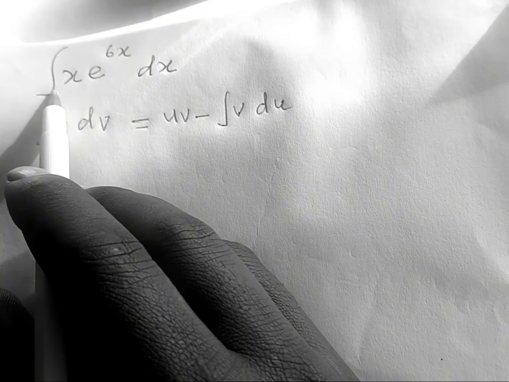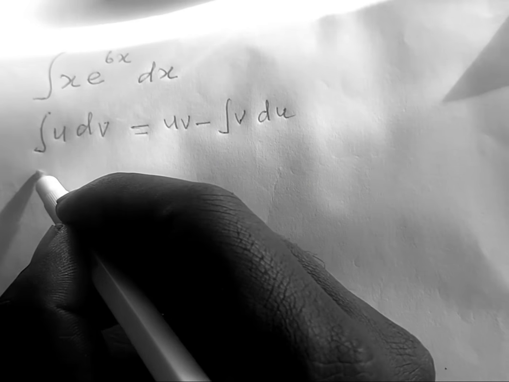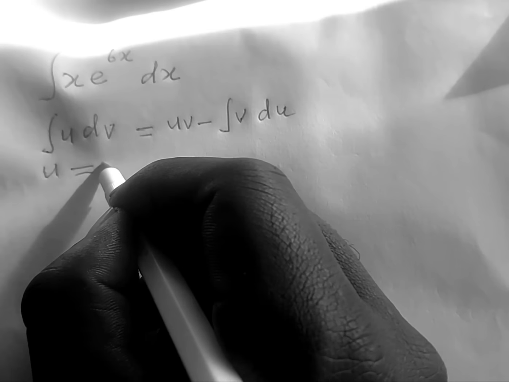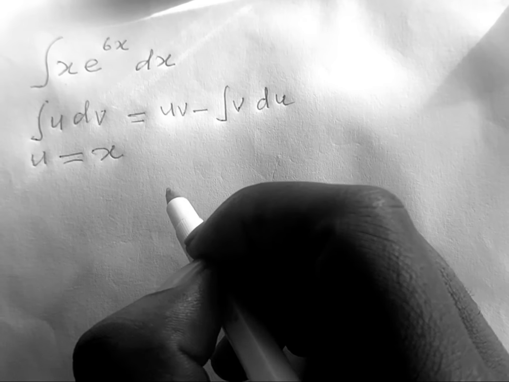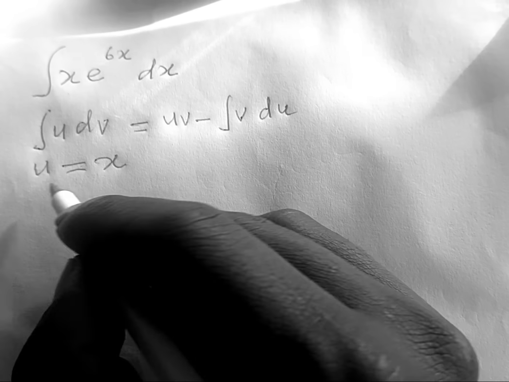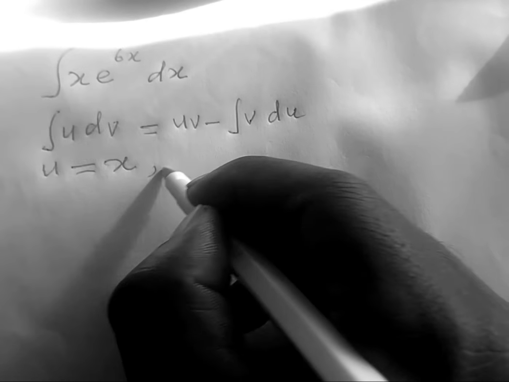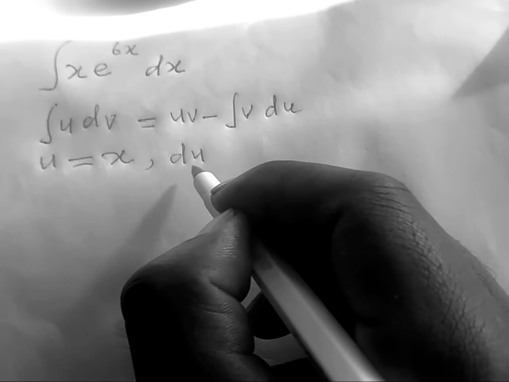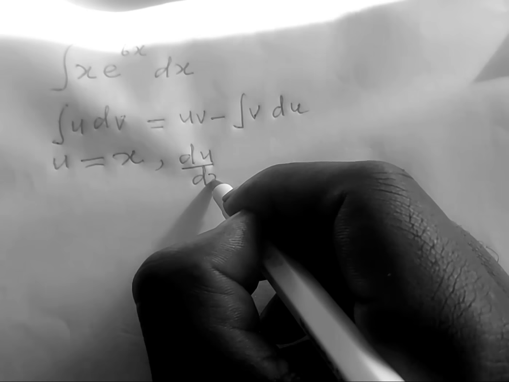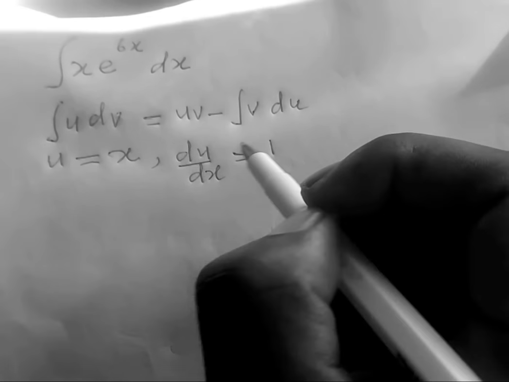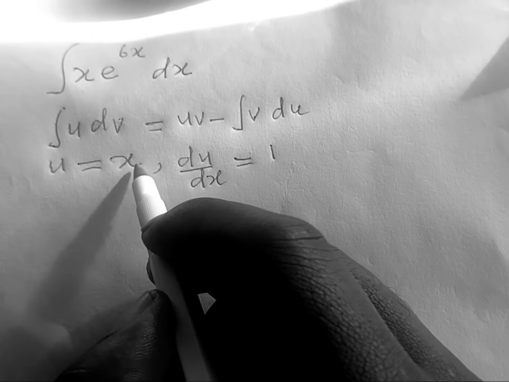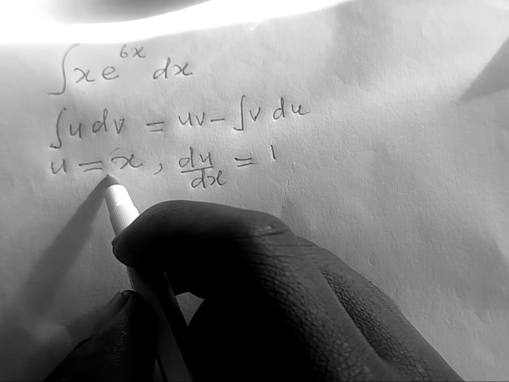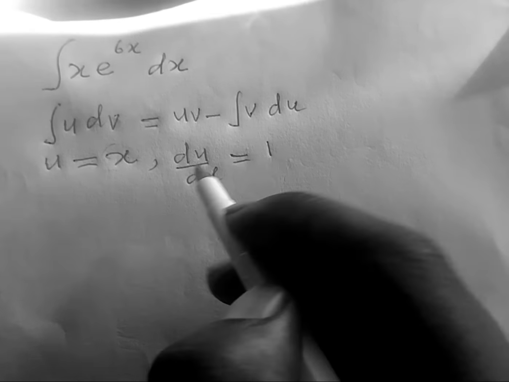From our question, we can see that u is equal to x, which means that du over dx is equal to 1, because 1 is the coefficient of x. Differentiating x, we just get 1.